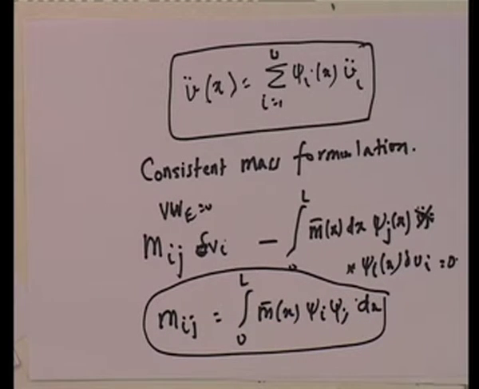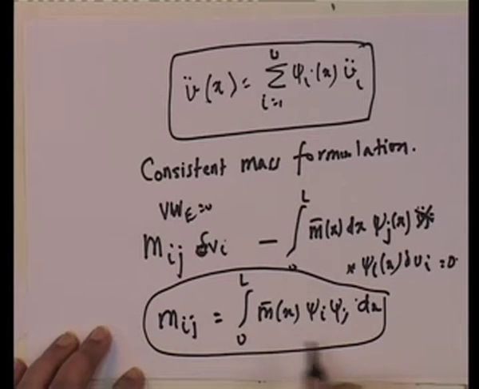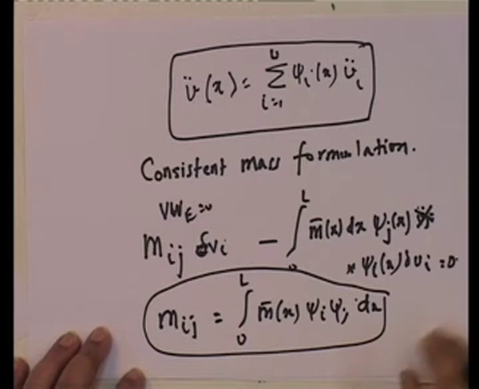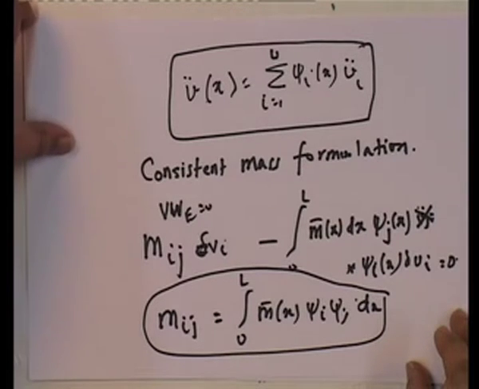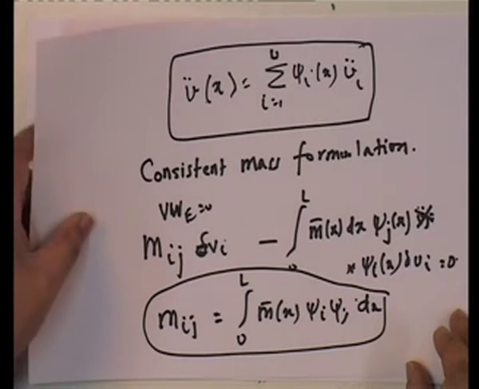This becomes the consistent mass formulation, and if I develop this with uniform mass and using the same xi that I have defined earlier, you go through the process. I am not going to detail out the process, but if you do this, then what we get is the following.